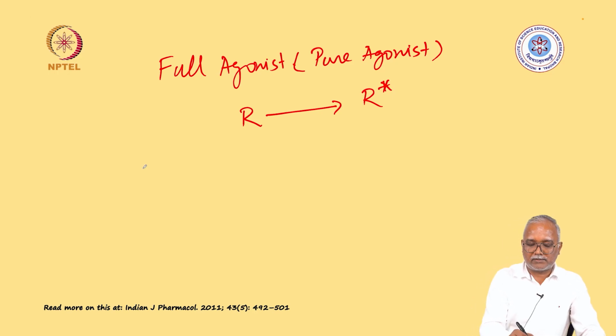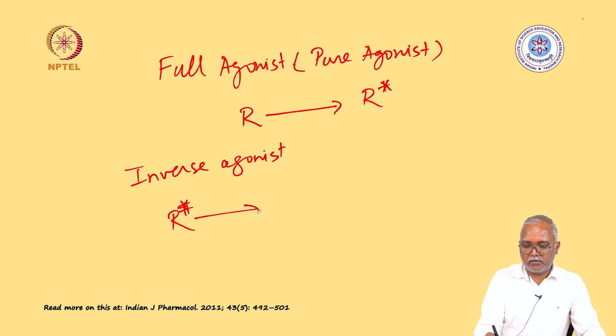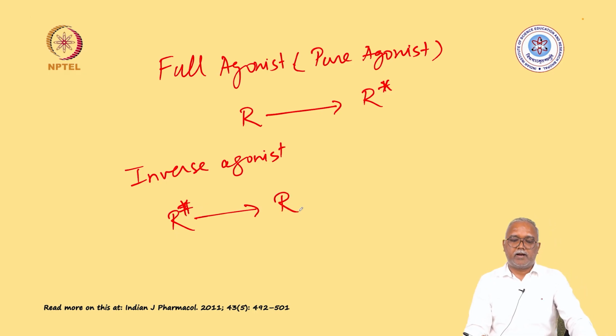And what will inverse agonist do? It will take the intermediate into the R activity.